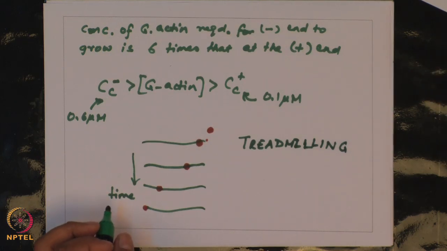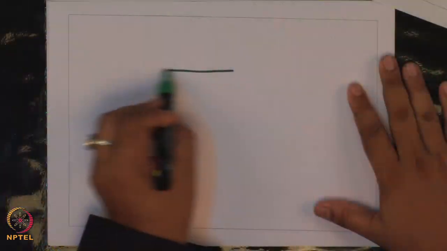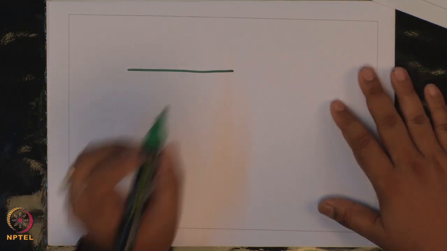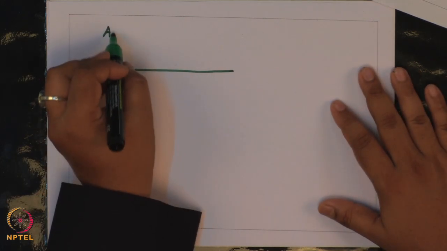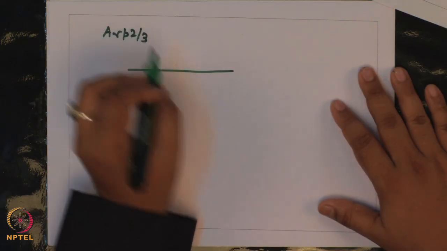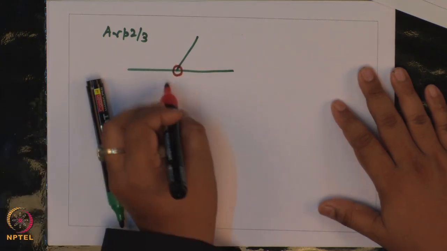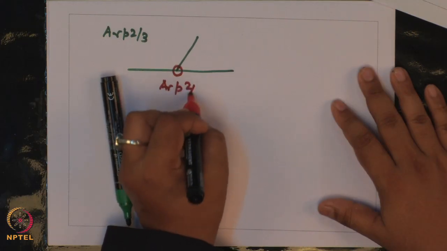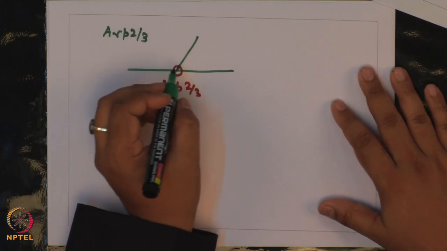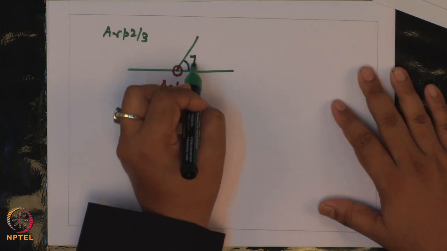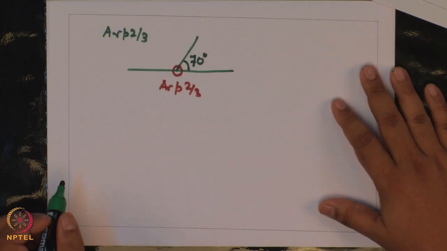There are so many interesting aspects of actin. It has also been observed and demonstrated that if you have an existing actin filament, in the presence of a protein called ARP2/3 you can have a branching event. Let us say this is my ARP2/3; there will be formation of a branched network and this angle is 70 degrees.